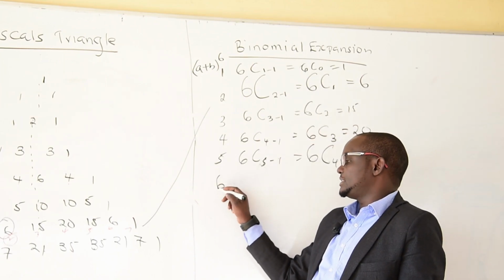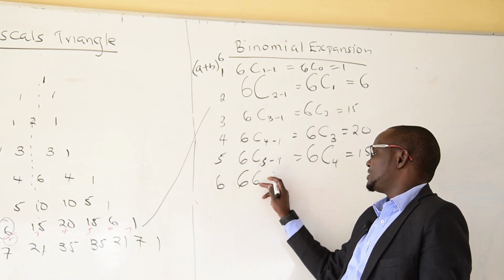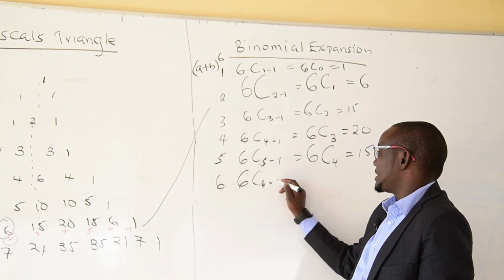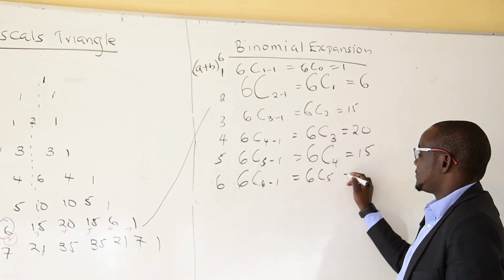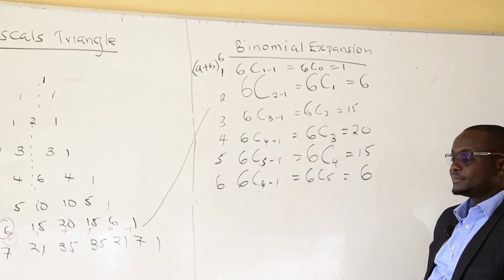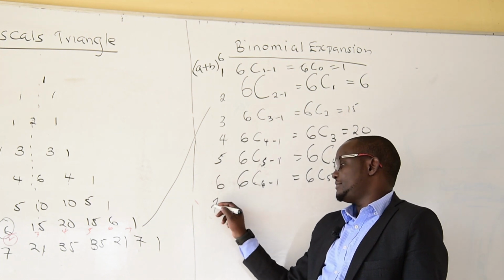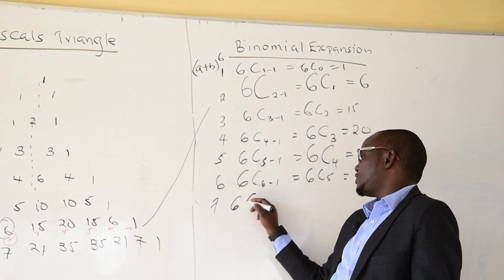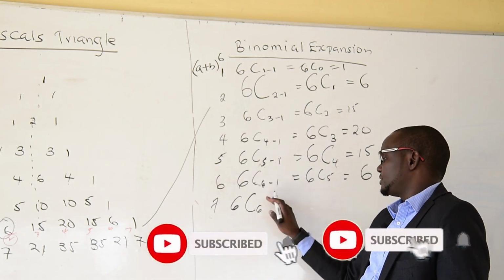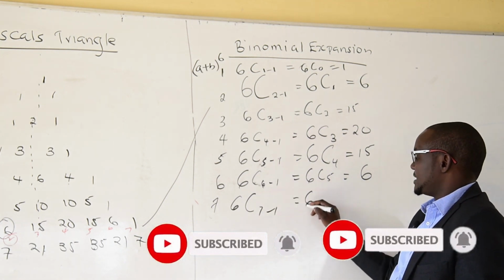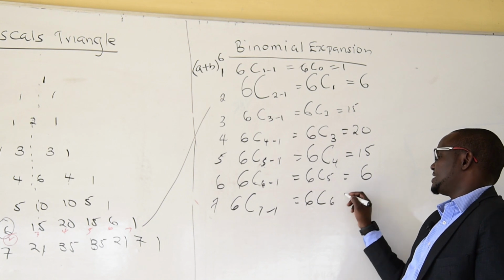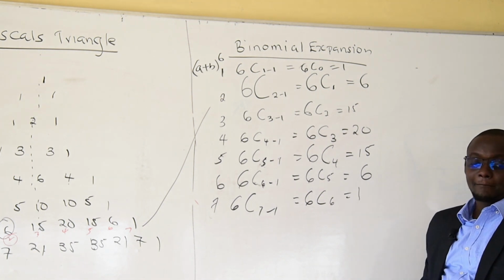Then we have the sixth term, which is 6 combination 6 minus 1. This is actually 6 combination 5, and this is actually 6. The last one, the seventh term, is 6 combination 7 minus 1, which is actually 6 combination 6, and this is 1.